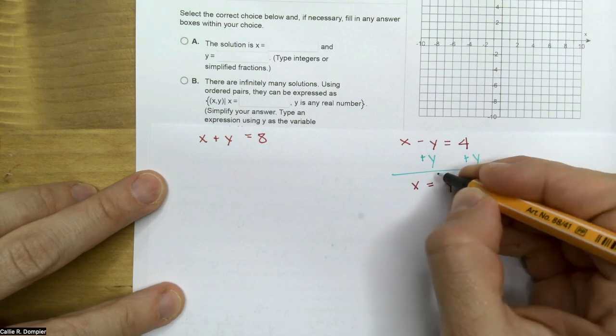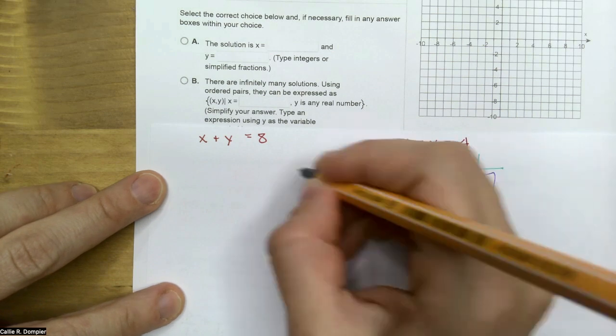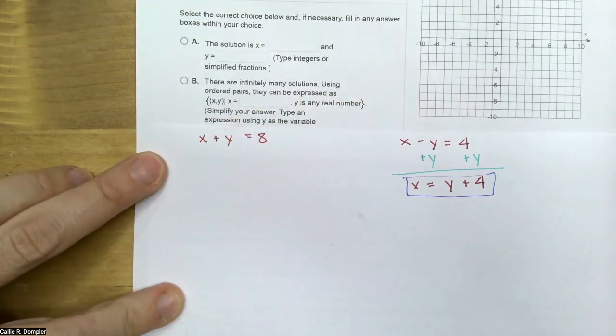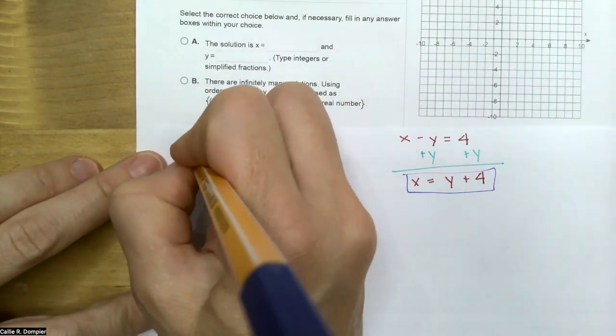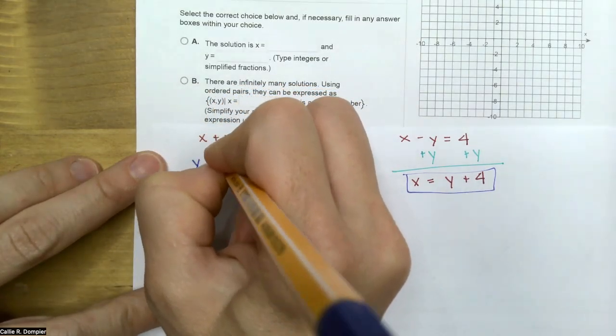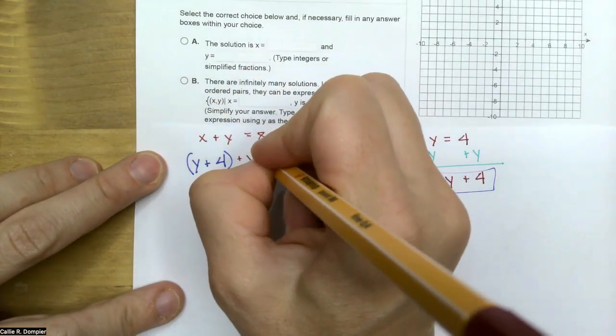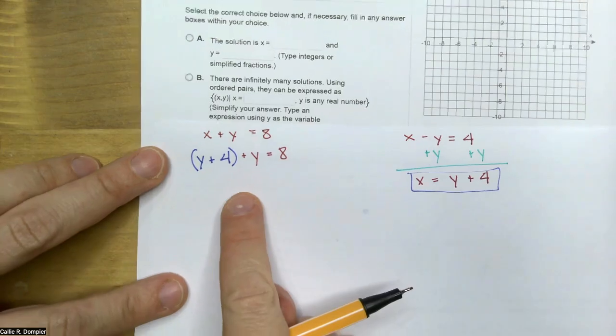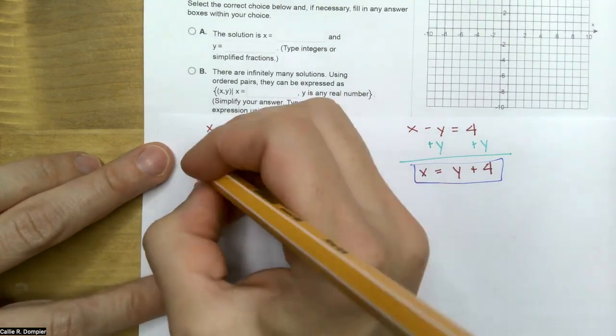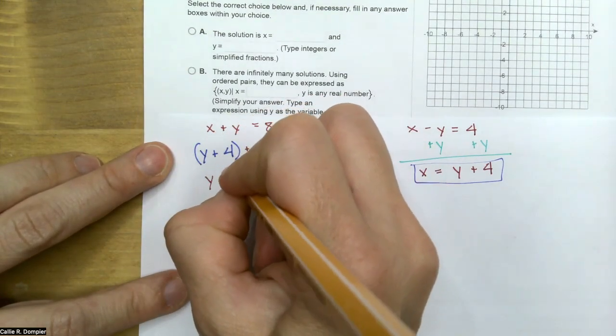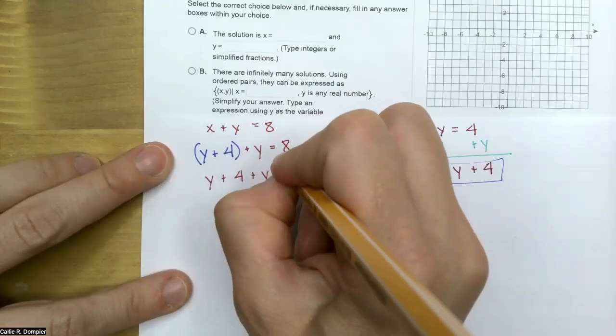Good? So I take this and put it in here. So instead of x plus y equals 8, I have y plus 4 plus y equals 8. You do not need the parentheses. I just like to use parentheses when I substitute anything. So y plus 4 plus y equals 8.